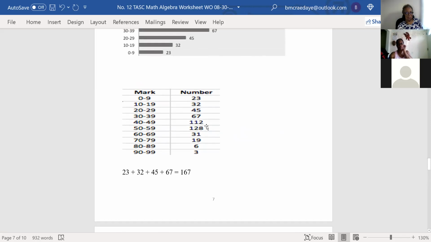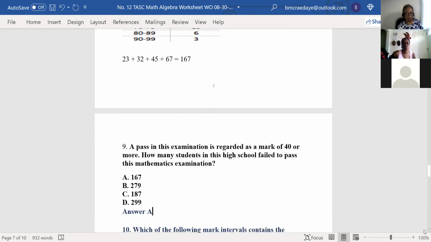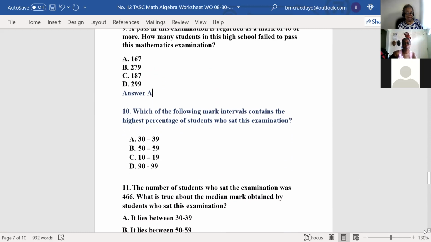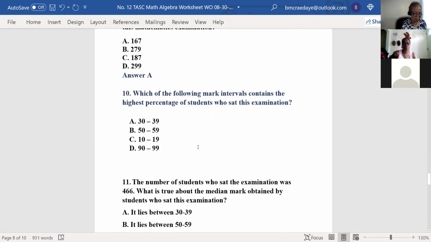So when you divide the 128 by the total of all the students, you're going to get the biggest percentage. So that answer would be 50 to 59. What answer is that? B. B. 50 to 59.